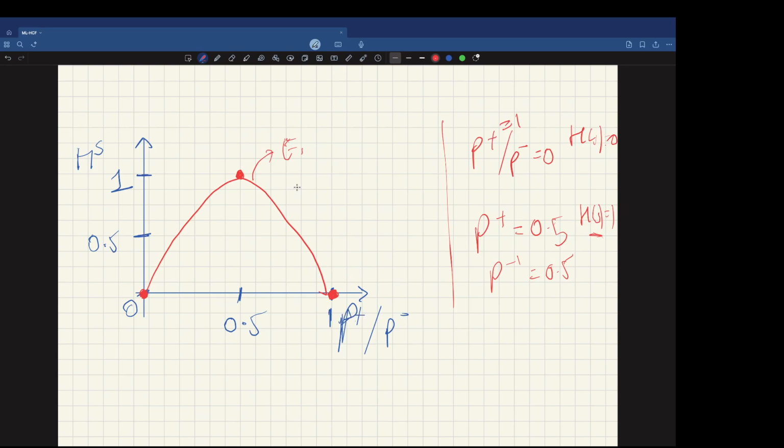Entropy curve. Any doubt till over here? Over here you can give the name as entropy graph. Right. Today's session might go to 7 or 7:30, so no worries.